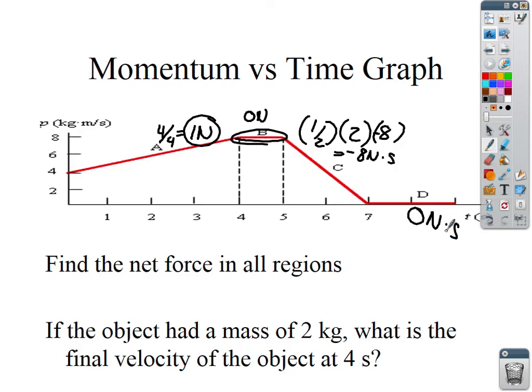If I look at it at 4 seconds, what is the momentum of the object? The momentum of the object is 8. This question is a bit tricky because you might think you have to use the slope, but the momentum is 8 at 4 seconds, so if the object is 2 kilograms, the velocity will be 4 meters per second.